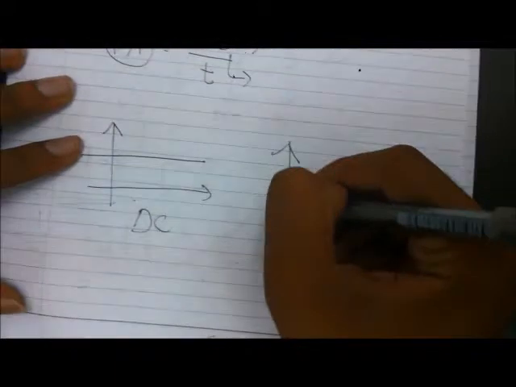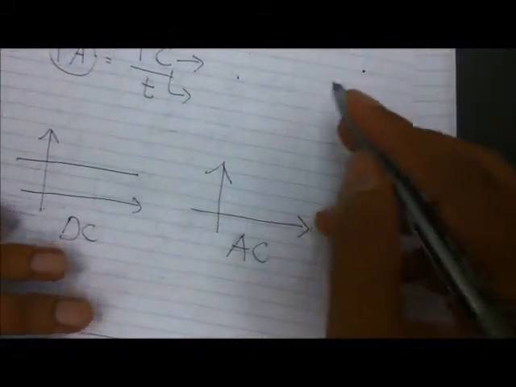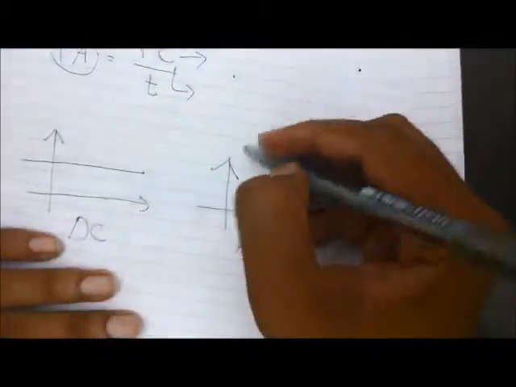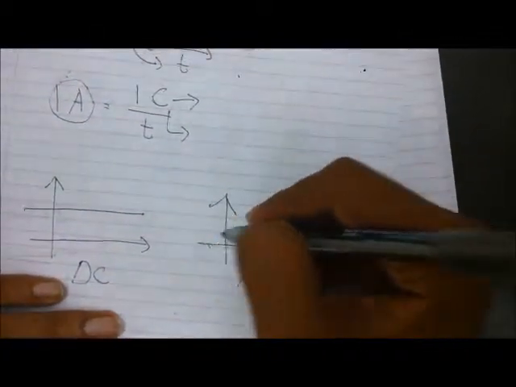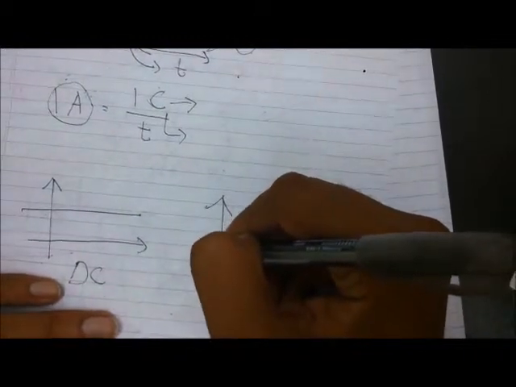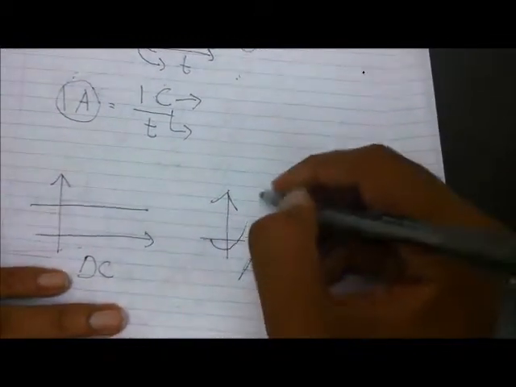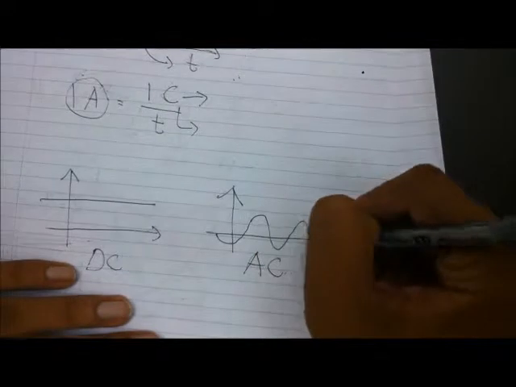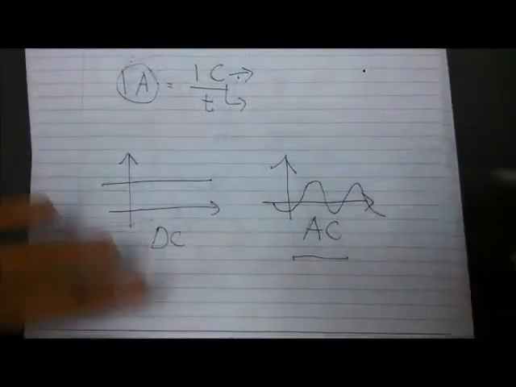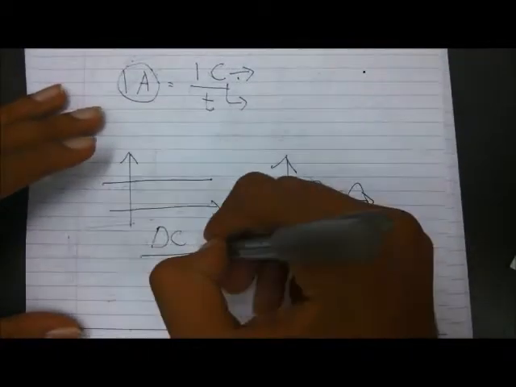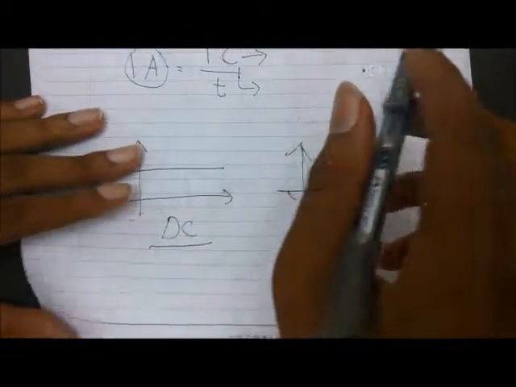Since we know alternating current periodically reverses in direction, the graph must be a sinusoid wave. This is how the AC current graph acts, and this is how DC current looks, because it has no change of direction.